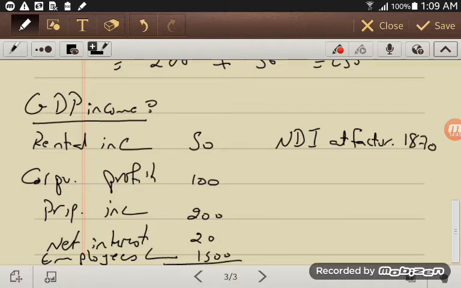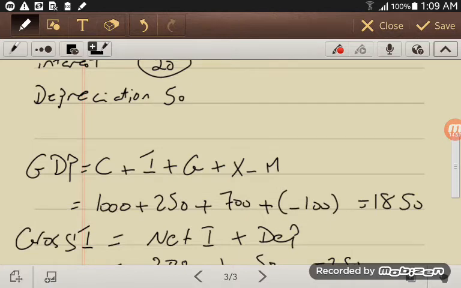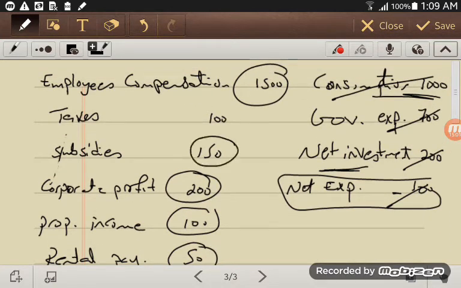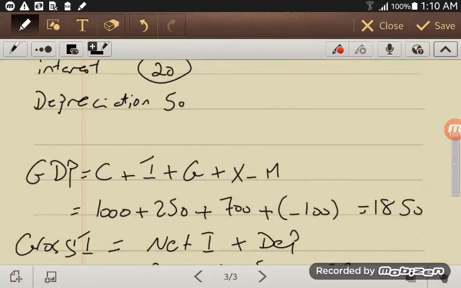If you would like to convert it from at factor to at market, then we are going to add subsidies minus taxes. Subsidies is 150 and taxes 100. So the difference between subsidies and taxes is 50.